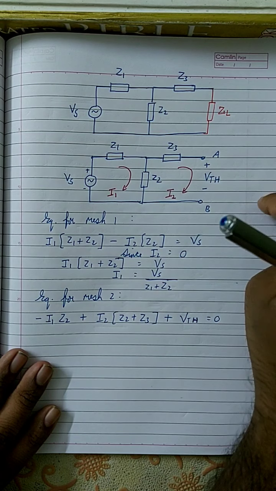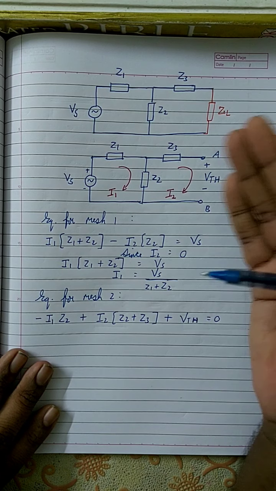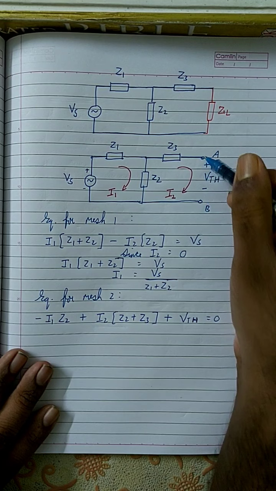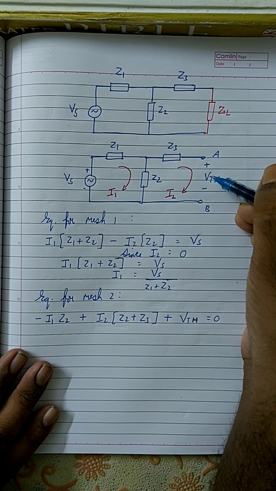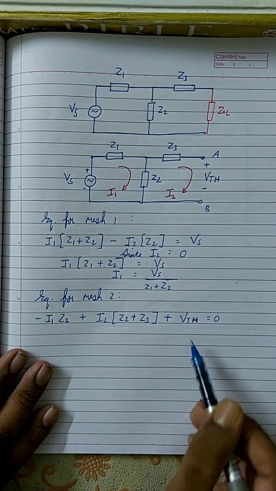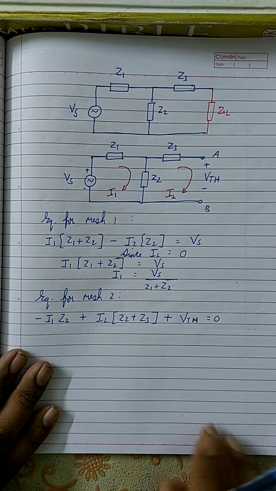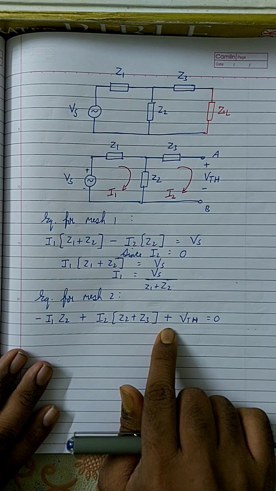What is VTH? VTH is the potential drop. Or in other words, just for fun, assume that there is a resistor over here, and the voltage across that resistor is VTH, that same VTH you have written over here. Now, why is it plus VTH and not minus VTH, or how do you know whether it is plus or minus?